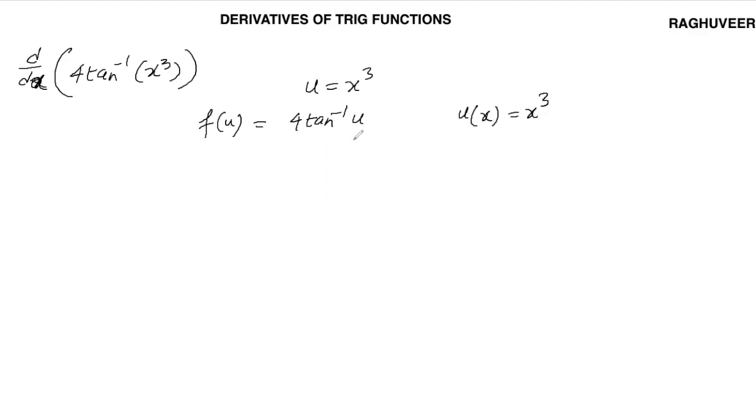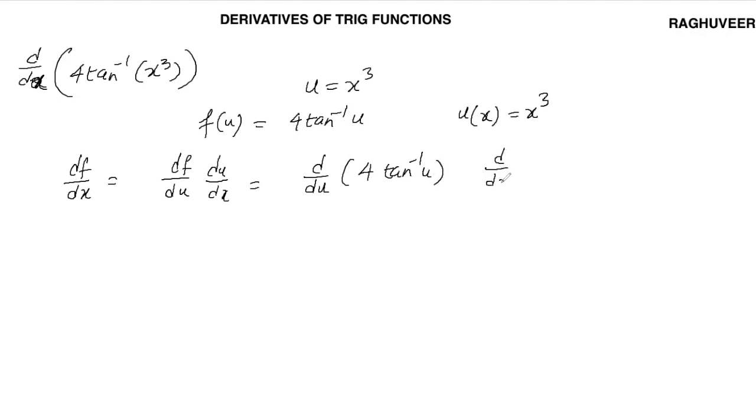So df by dx is df by du times du by dx, so d by du of 4 tan inverse u and d by dx of x cube.